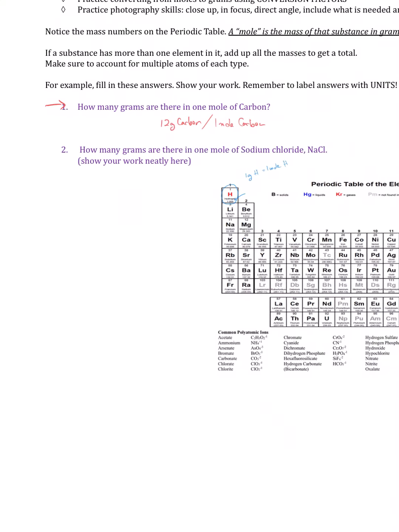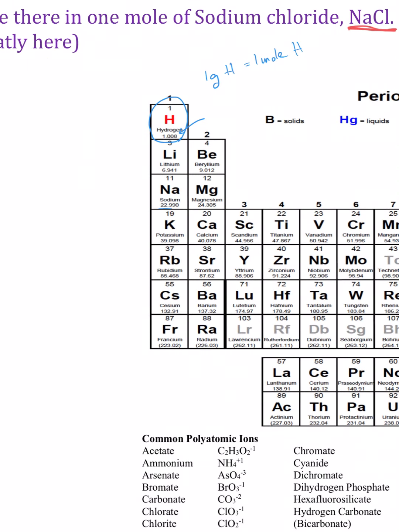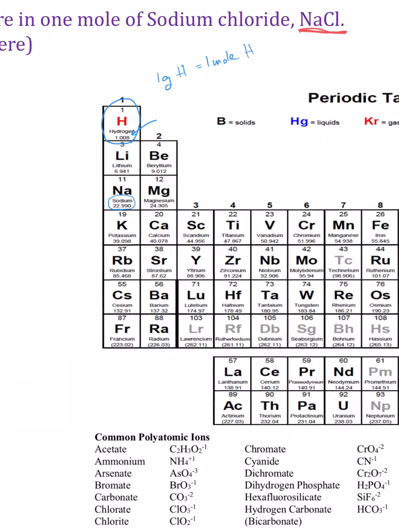Now the next one gets a little trickier, but it's still not too bad. How many grams are there in 1 mole of sodium chloride? Now we have a compound. Well, it's as simple as it looks. If I have a sodium and a chloride, I look at sodium and I see it's 23 grams.